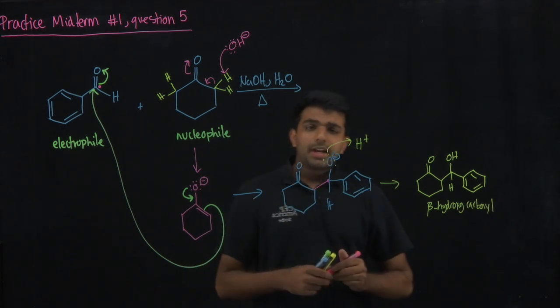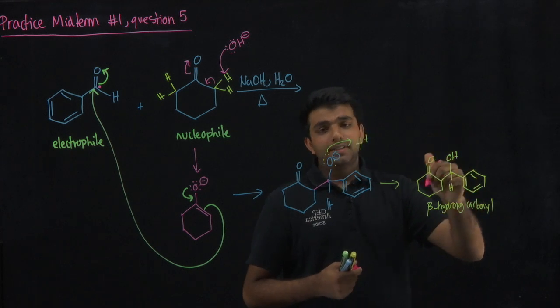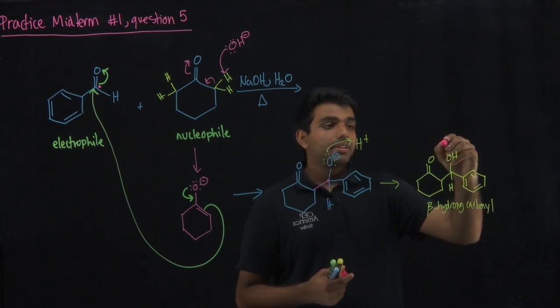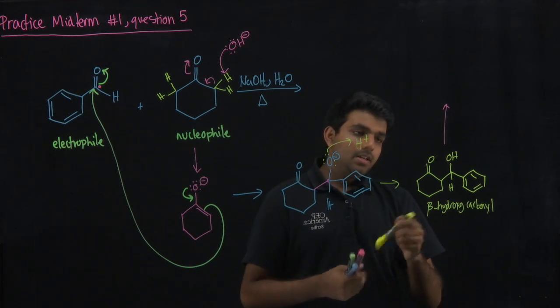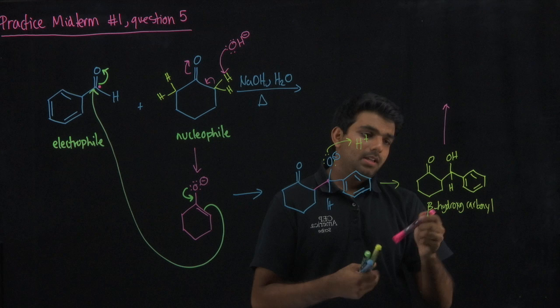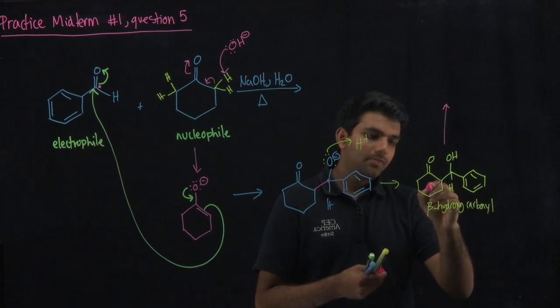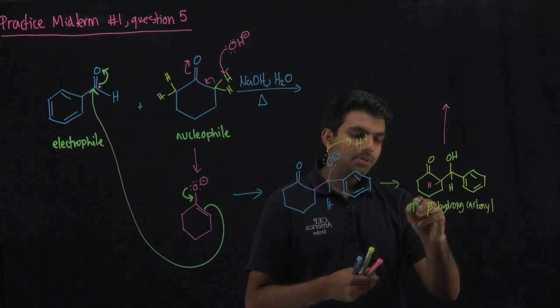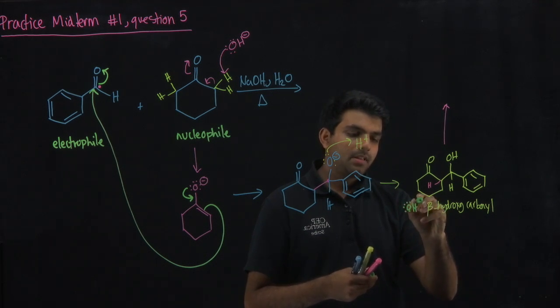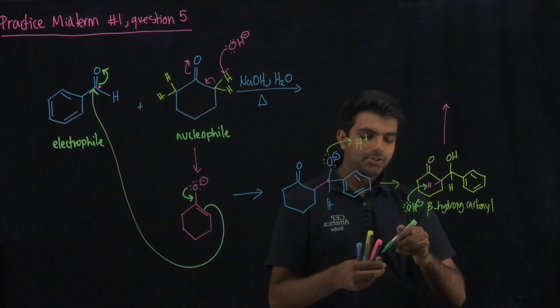Since there's heat in our reaction, that tells us it's an aldol condensation and not just an aldol reaction. And so the heat is going to provide the energy to kick off the OH and remove a hydrogen off the alpha position. And so a base, again in this case we'll use OH-, will come and remove that alpha hydrogen.